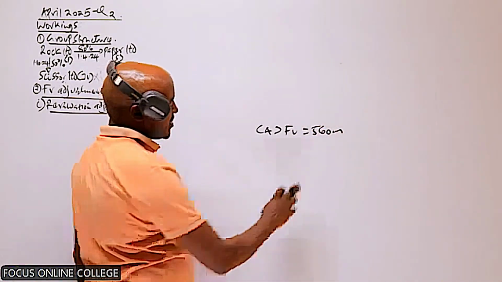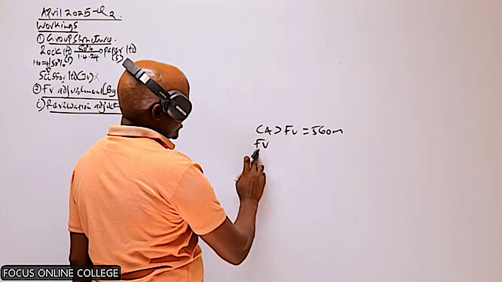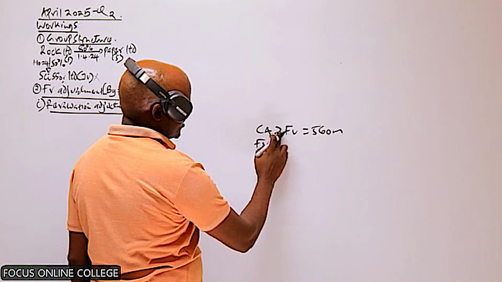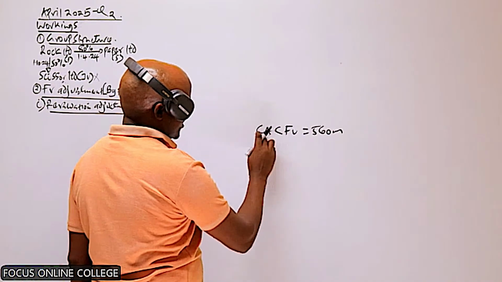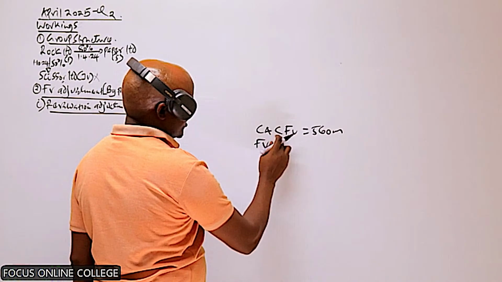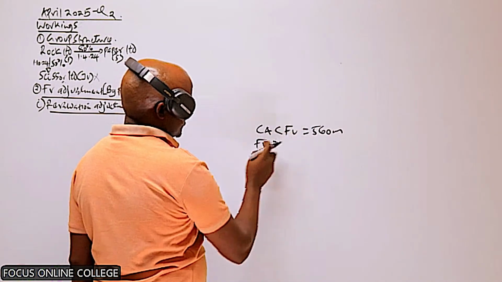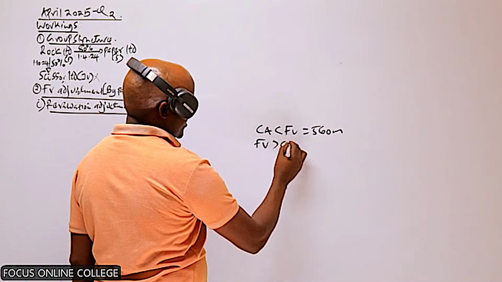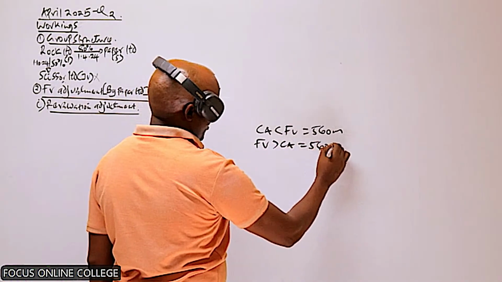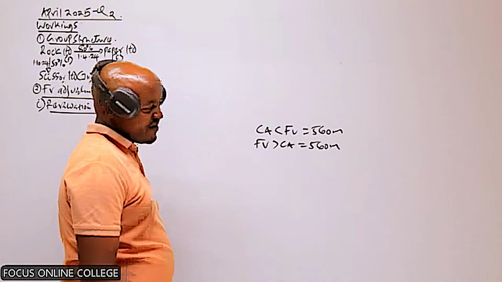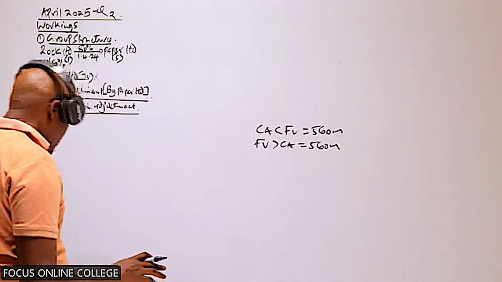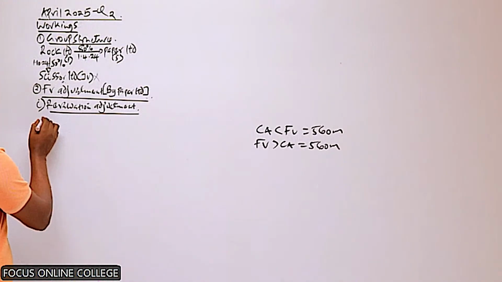In other terms, we start with the fair value, then we change this inequality sign. Remember, this was less than, so we change this now to greater than. So the fair value will be greater than the carrying amount by 560 million. If the fair value of an asset is more than its carrying amount, automatically that is a revaluation gain.